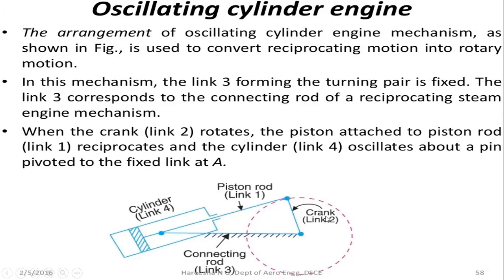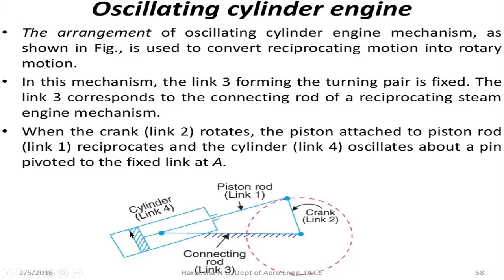When the crank rotates in the clockwise or anti-clockwise direction, the link connected to the piston rod and the piston moves in the forward and backward direction. So it is used to reciprocate in that direction. Here link 3 is fixed, so the connecting rod is fixed, and the cylinder attached to the piston rod has a piston in the internal chamber.